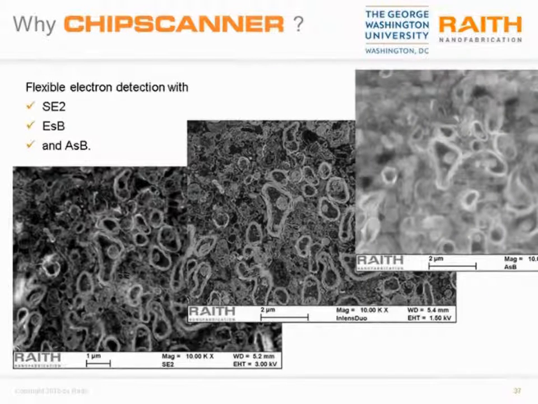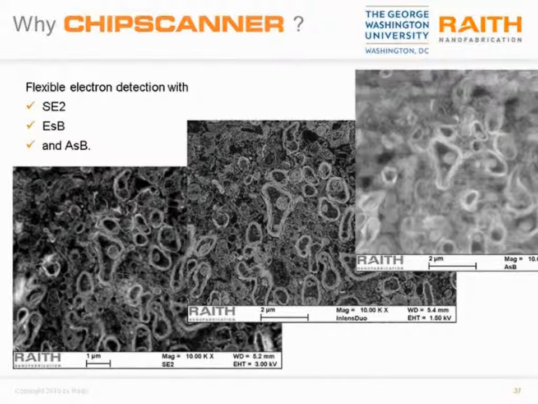As for semiconductor reverse engineering, it is important to have a variety of electron detectors for imaging of neuronal tissue. Here we show just 3 different images of the same small area of neuronal tissue. Each image shows different information.